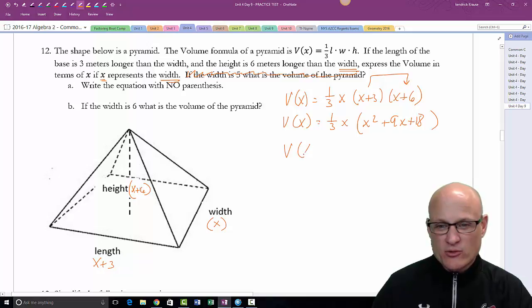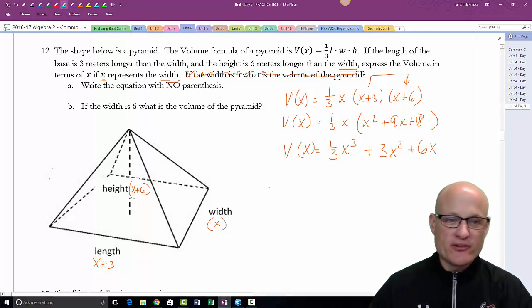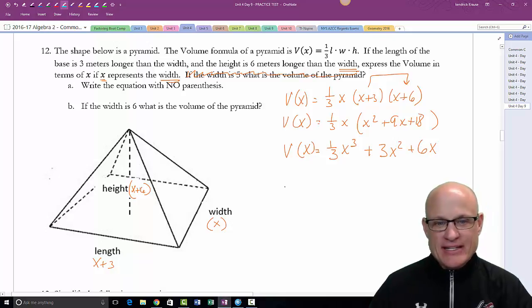So volume of x is equal to 1/3 x cubed plus 3x squared plus 6x. So then the question says, what is the volume if the width is 6?